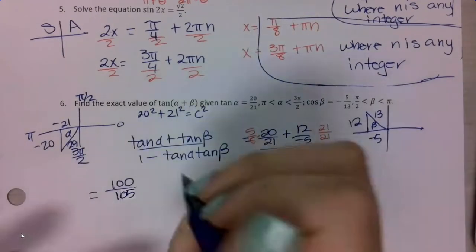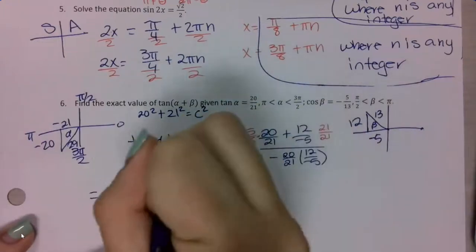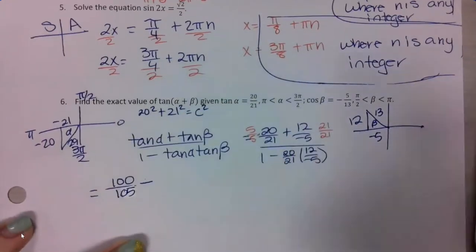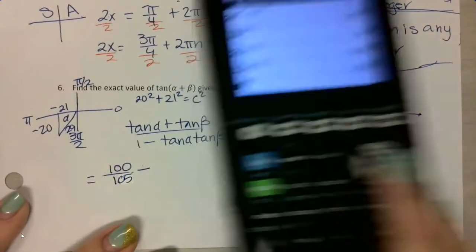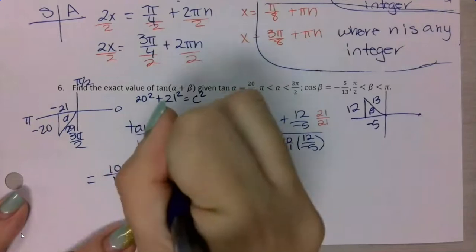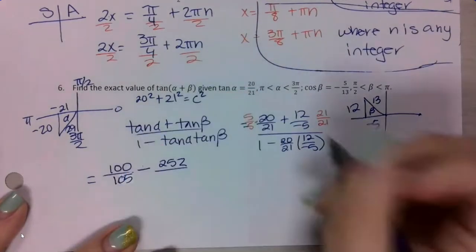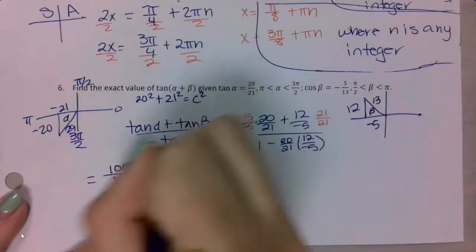Then my second fraction, I know it's a minus because of that subtract down there. 12 times 21 gives me 252, and then that should be 105 on my denominator.